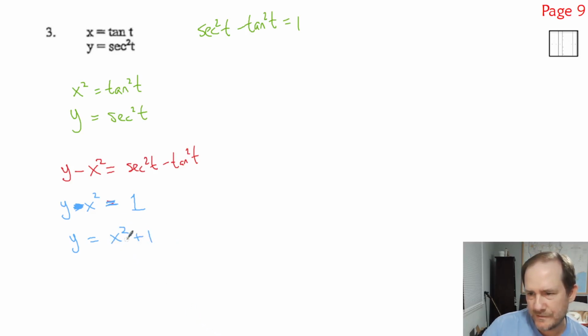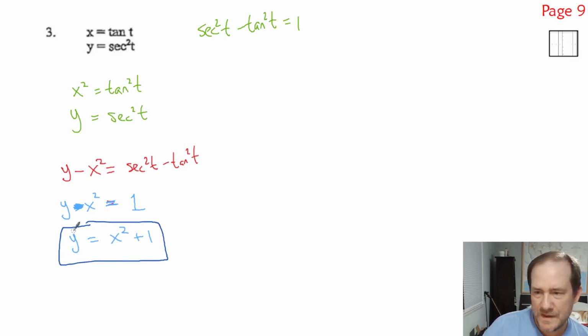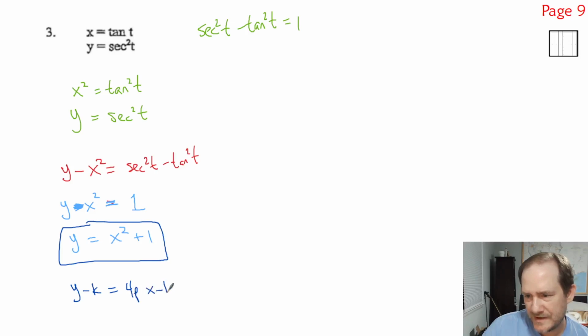And we don't really want a plus 1 here. You probably haven't had time to really memorize this, but the conic section, well, you could leave it like this, of course. But if you were trying to do the conic sections thing, then it would be y minus k equals 4p times x minus h squared.